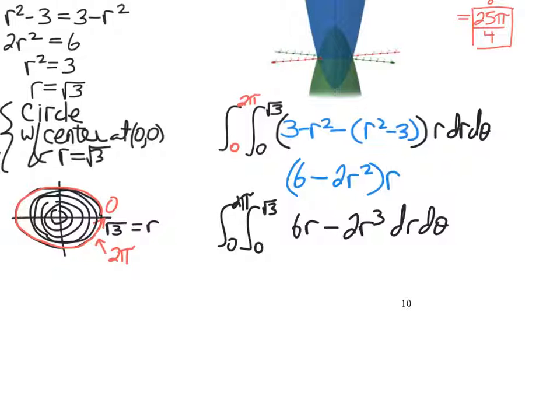So integrate, inside out. So 3r squared minus r cubed, r to the 4th over 2, so 1/2 r to the 4th. On the interval of 0 to root 3.